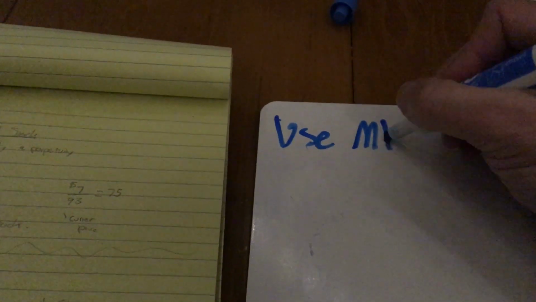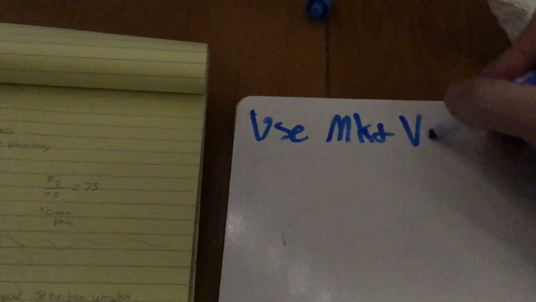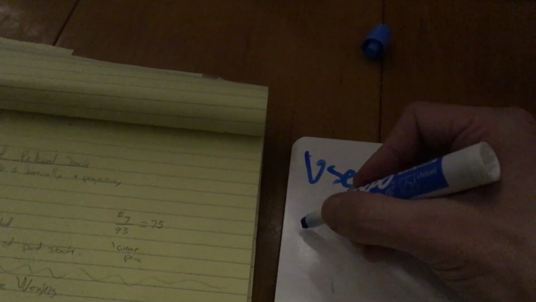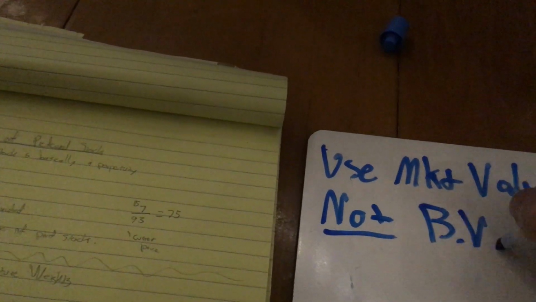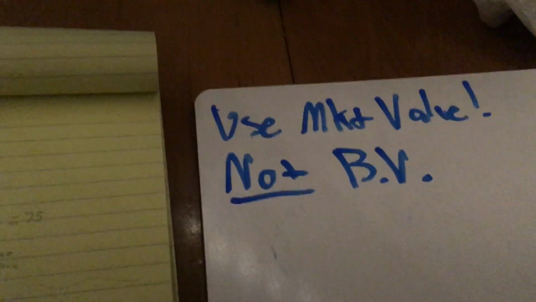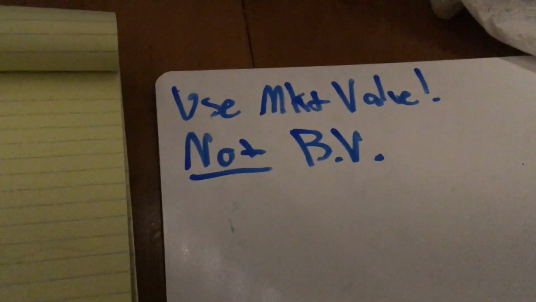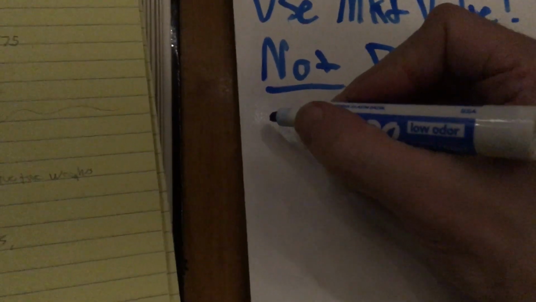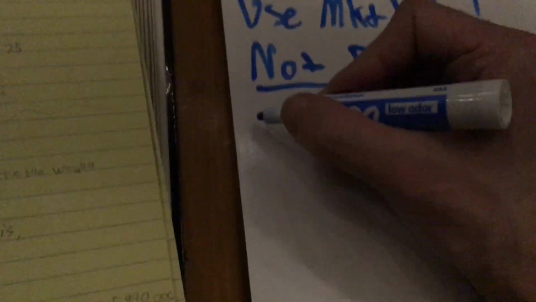The first thing to remember is that you need to use market value, not book value. Okay, so I'm going to give you an example here. Let's say that you have common stock, and we're just looking at the liability and equity side of the balance sheet.